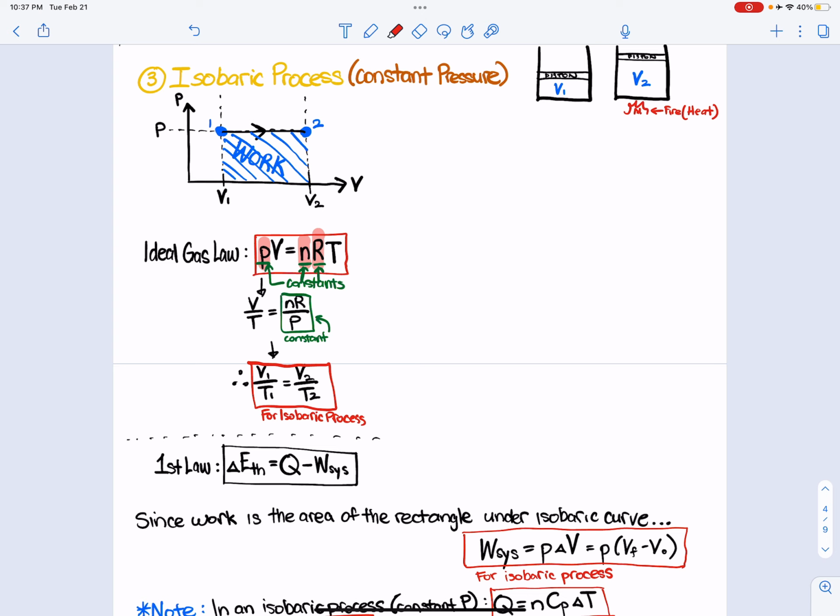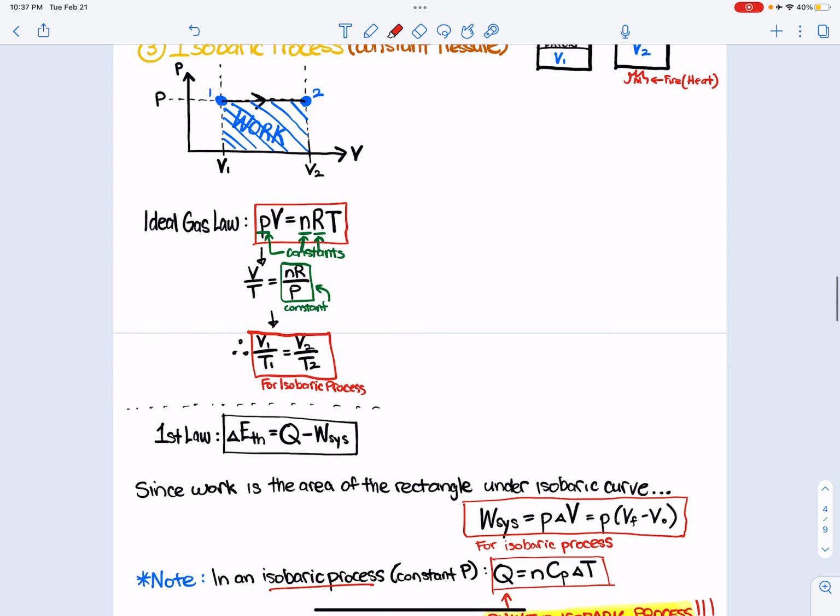If I rearrange that ideal gas law formula to have the constants on the right side of the equation, our constants would be nR over P. These would not change from state 1 to state 2. Okay? So as a result, V1 over T1 would be equal to V2 over T2 because they're both equal to this constant nR over P. All right? And that's only for an isobaric process.